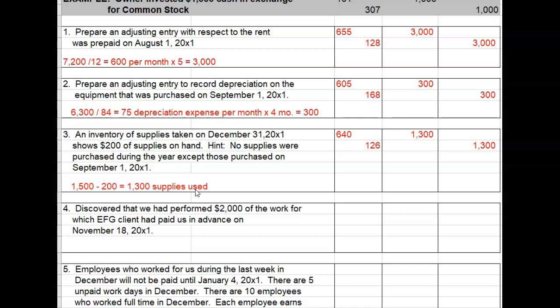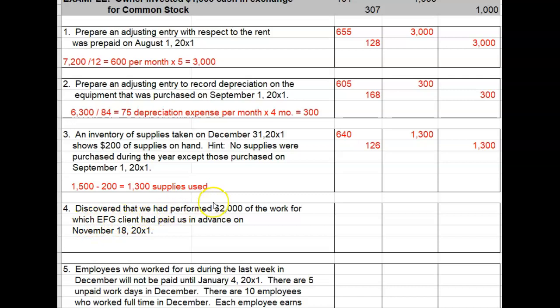The expense is always the amount of supplies that were used. So debit supplies expense, account 640, $1,300, and credit the asset account supplies, account number 126, for $1,300.